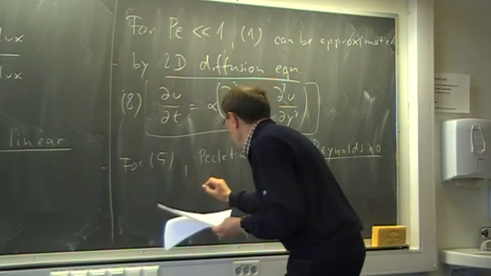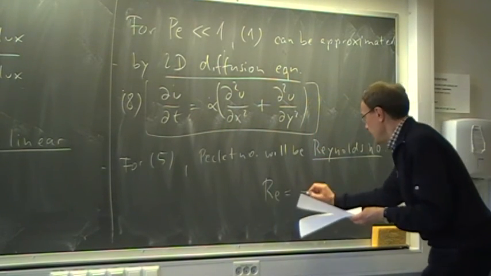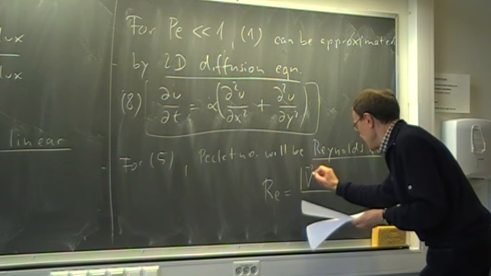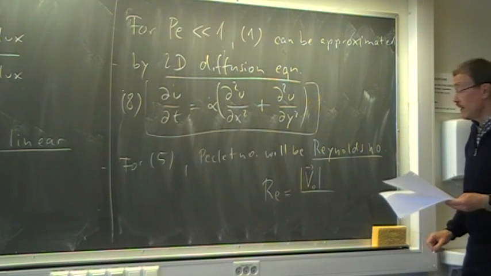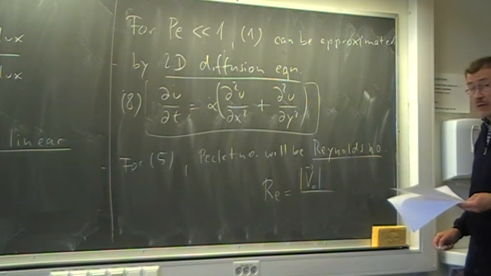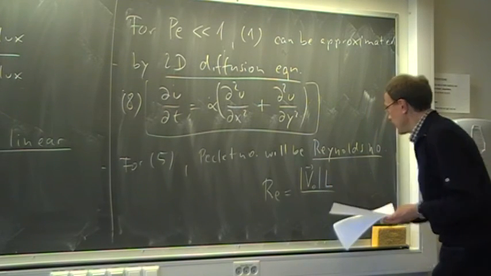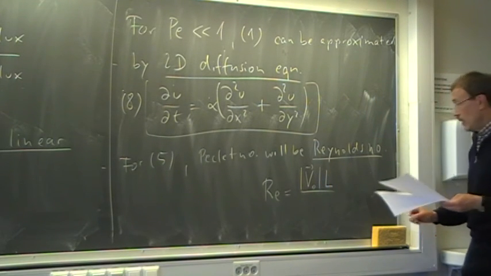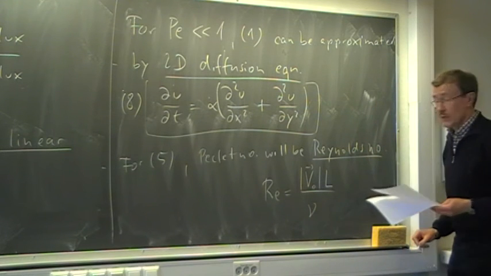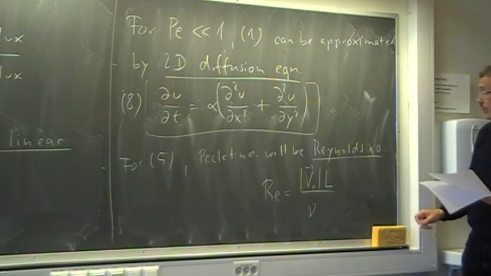In our notation, if we had this problem for equation 5, then our convection velocity would be u0. We would take the modulus of that, multiply by the characteristic length scale, and divide by the kinematic viscosity. So that would then play the role that we have here with the Péclet number.